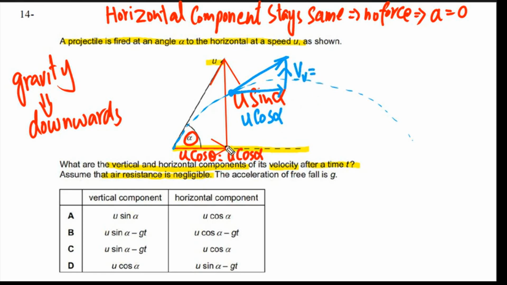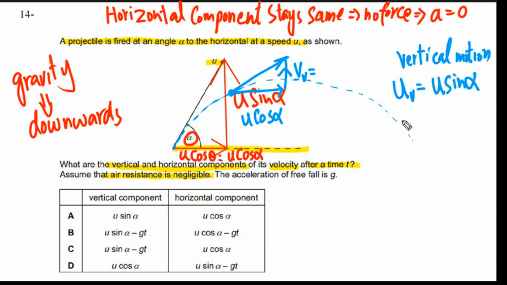Now we need to find the vertical component, vv at this point. How can we find that? For this we need to look at the vertical motion. The initial vertical velocity is given, uv, and that is equal to u sine of alpha.